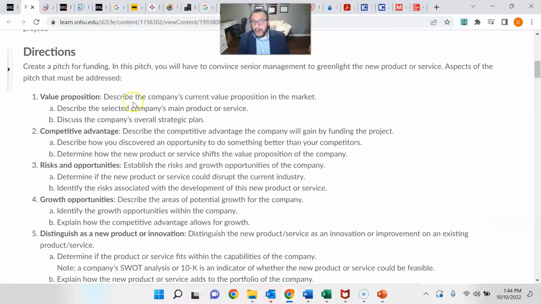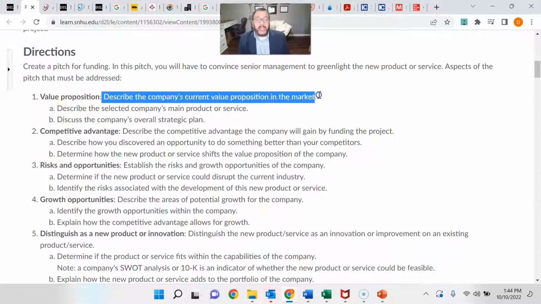So when you get to the part where it says describe the selected company's main product or service, you can go in and say, this is the company's main product or service. Now, even though you see these two components, which look like the things that comprise the value proposition, they are elements of the value proposition, but you actually need to do this thing too.